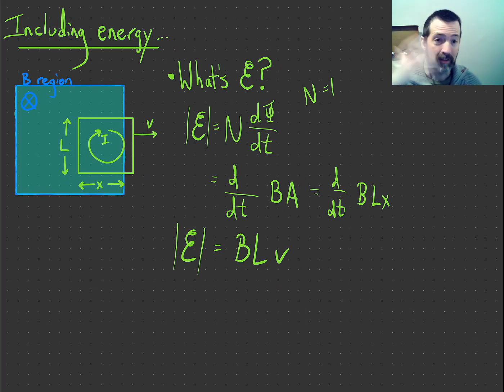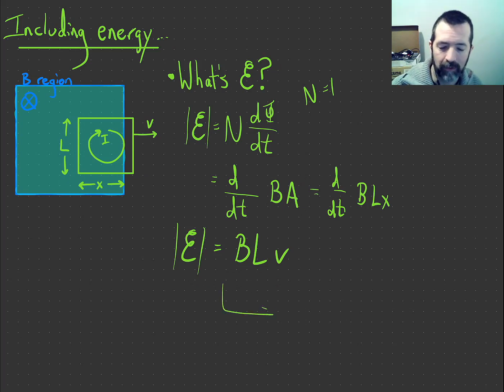And so you generate a potential difference or a voltage between the two edges of the conductor. If that conductor is part of a complete circuit like this, then that potential difference causes the current to flow. And that's why this is an EMF.